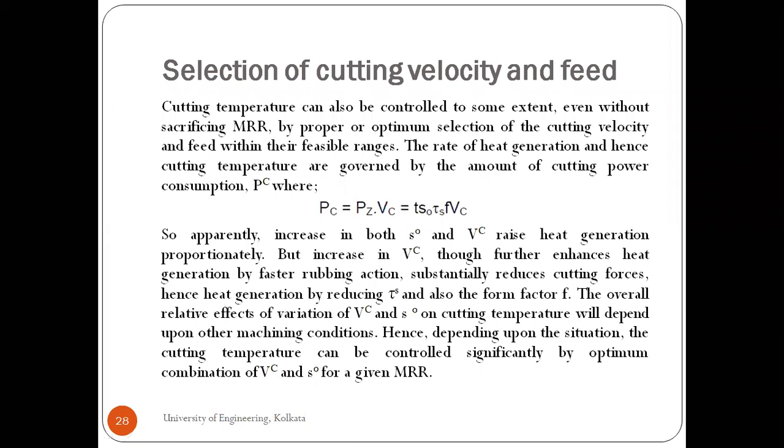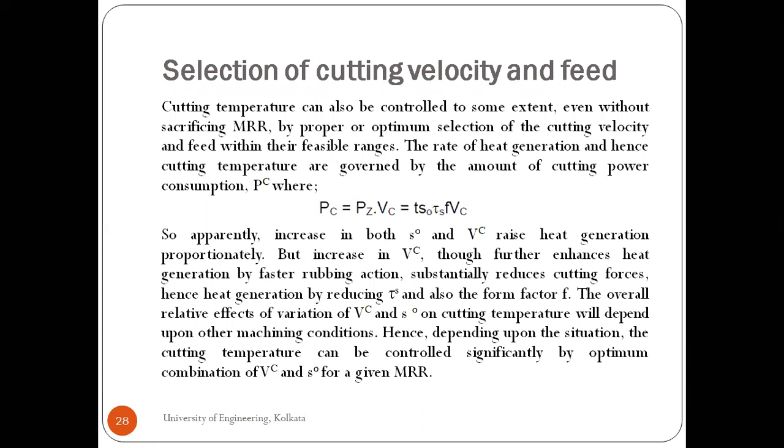Next is the selection of the cutting velocity and the feed. The cutting velocity and the feed are very important factors. Cutting temperature can also be controlled to some extent, even without sacrificing the material removal rate, right?